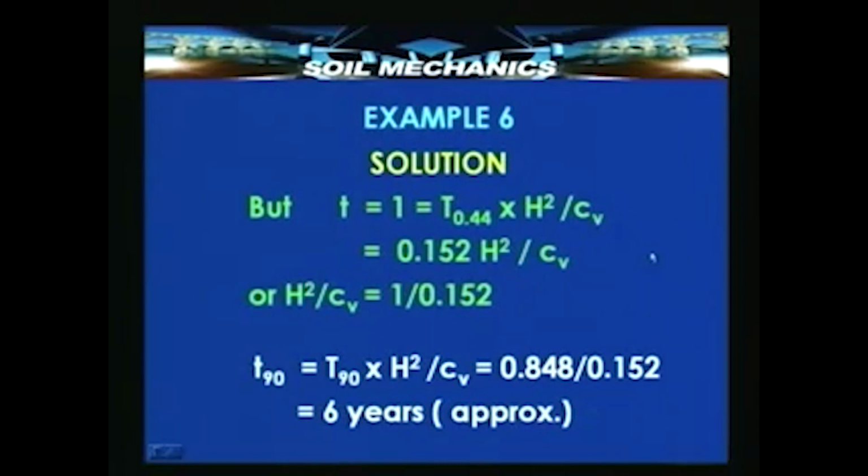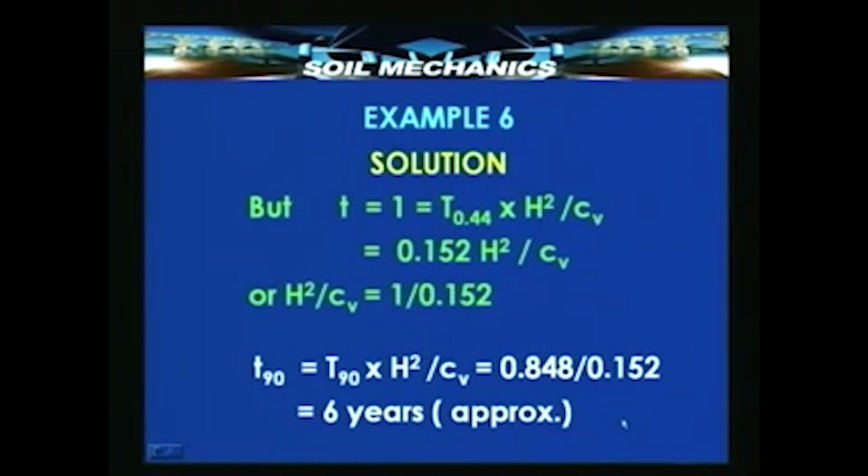So, the solution is very simple. At t equal to 1, it must be equal to capital T into h squared by CV. So, that is 0.152 h squared by CV, or h squared by CV is 1 upon 0.152. Substitute that in this and get the value of small t90, and it works out to 6 years approximately.